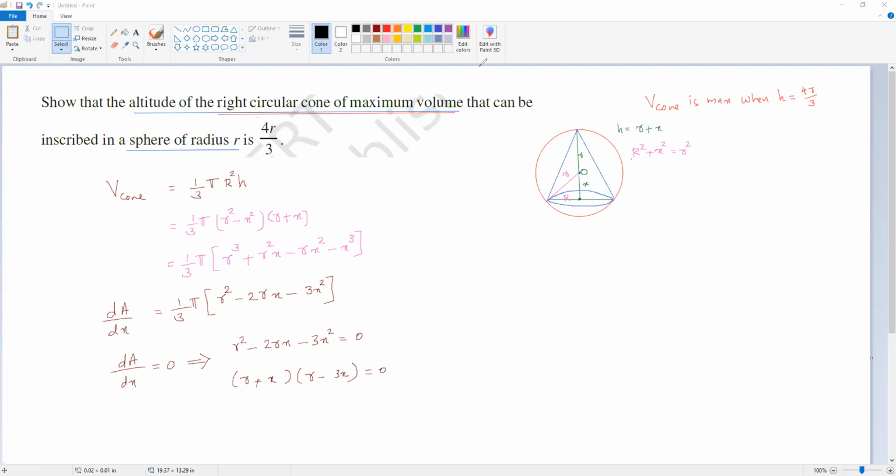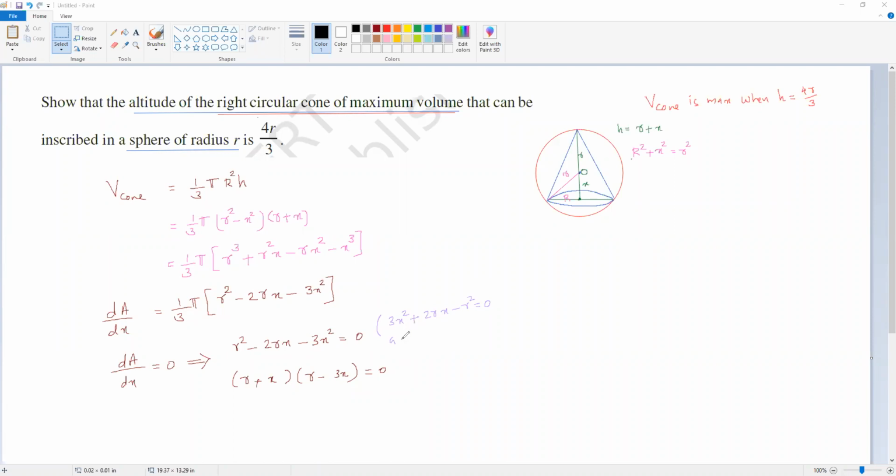Otherwise, you can write this by multiplying by minus: 3x square plus 2rx minus r square is equal to 0. This is a quadratic expression, and x is the variable.